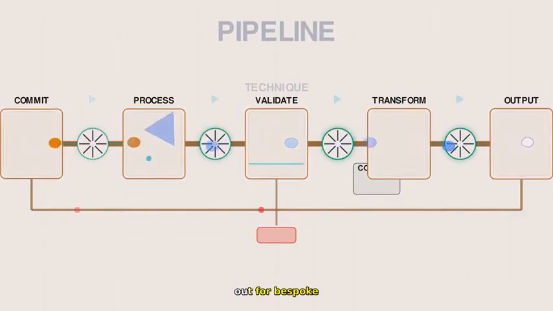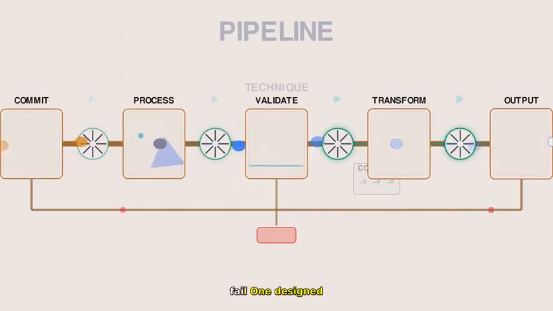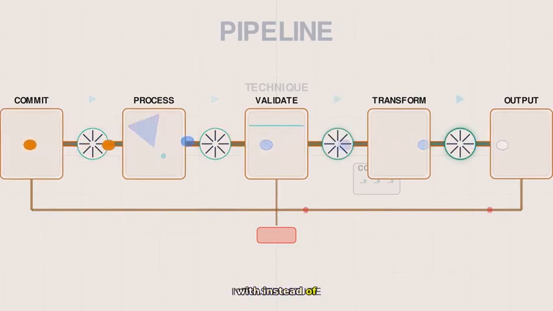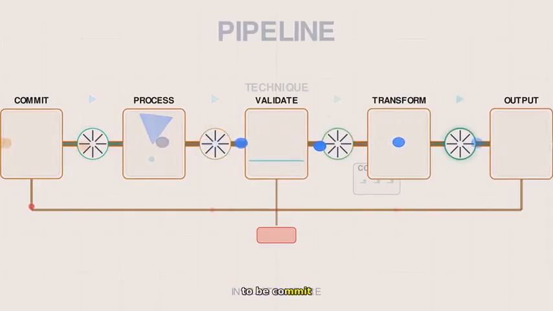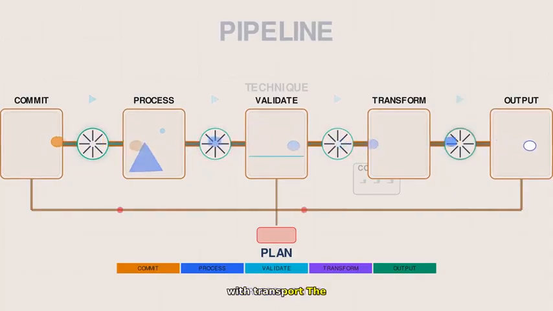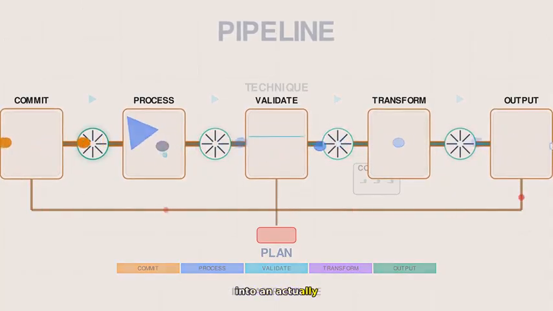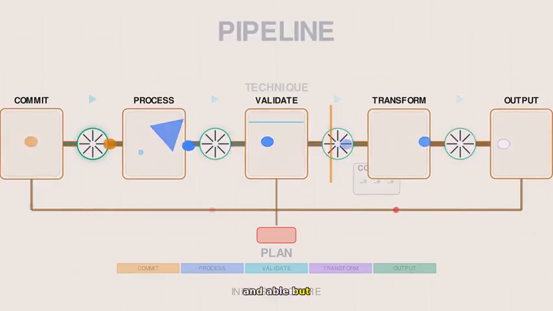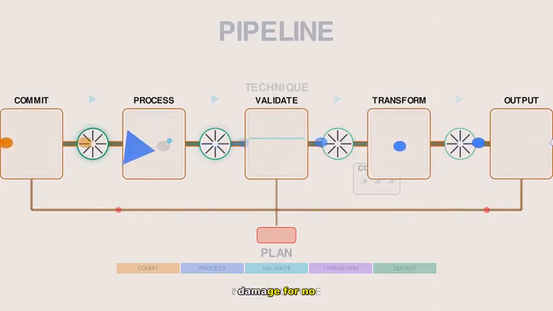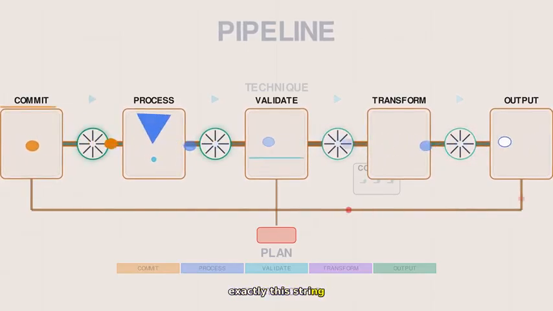The pipeline gate conditions make the stage fail explicitly, with exactly this string, and stop.